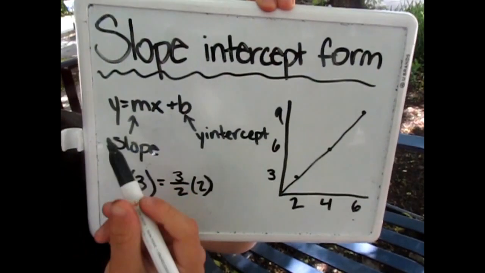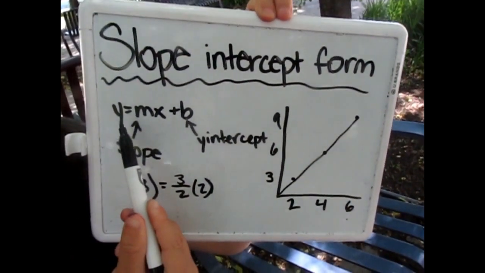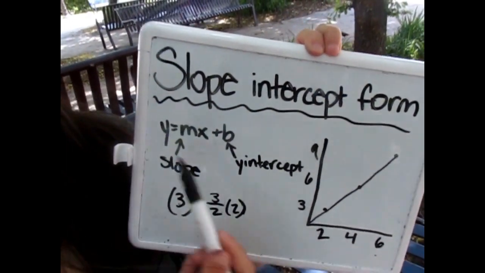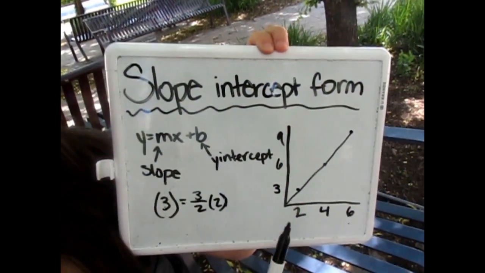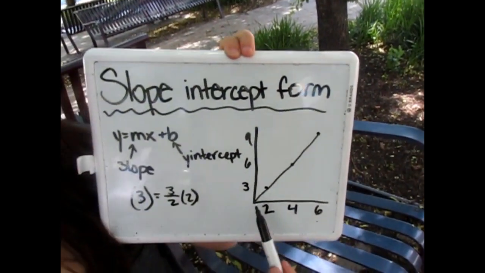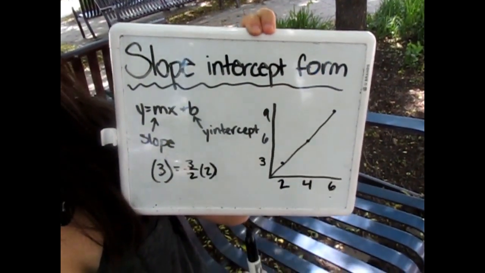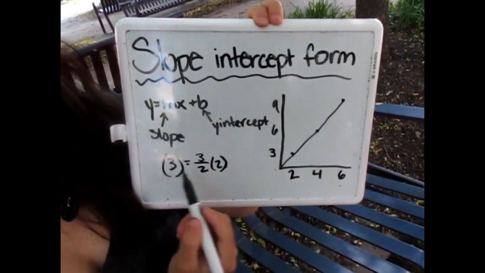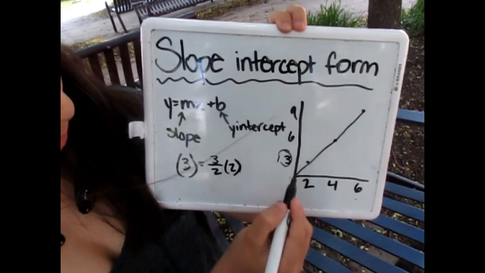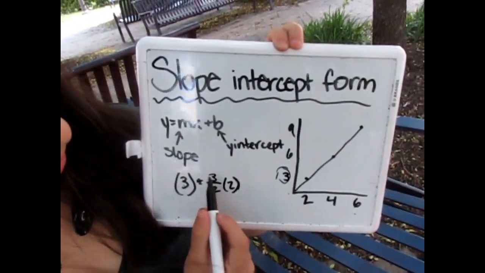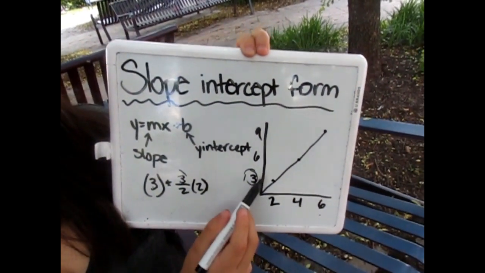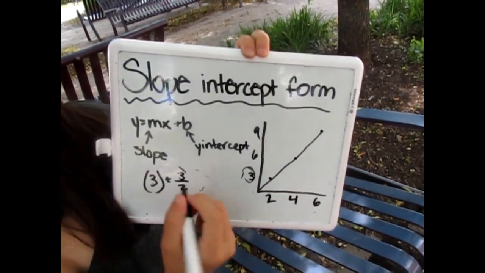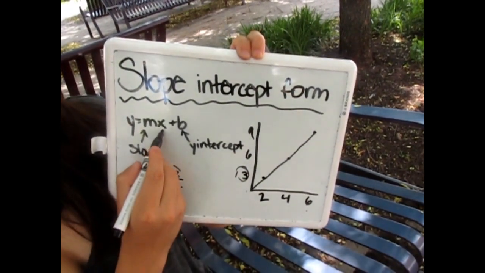This is the slope-intercept form, and it's y equals mx plus b, with b standing for the y-intercept and m standing for the slope. If you were to put it in a graph, this is how it would look. And if you were to substitute in all the variables, 3, which is the y value, equals the slope right here, which is 3, times 2, which is the x value, plus 0.